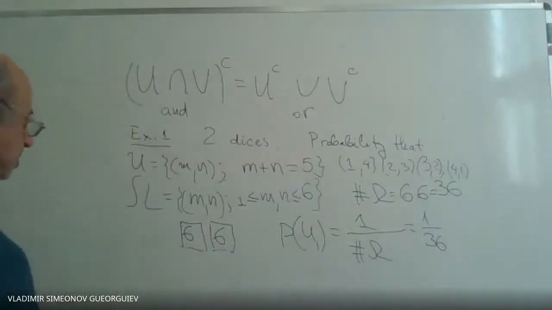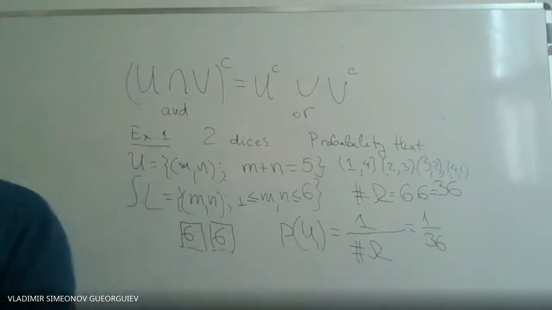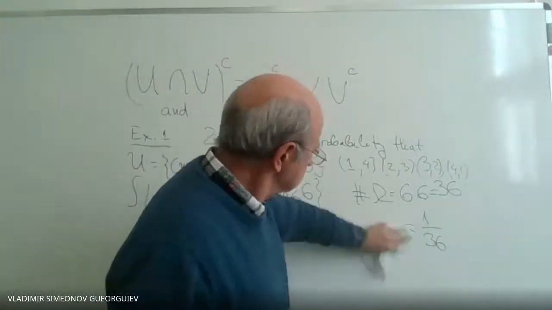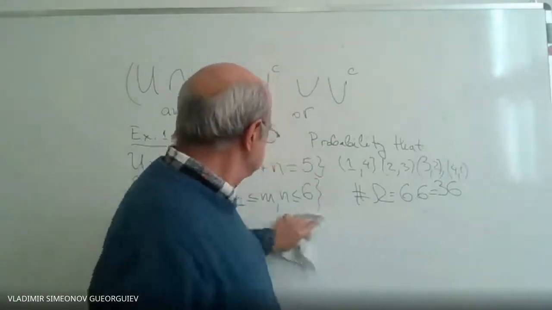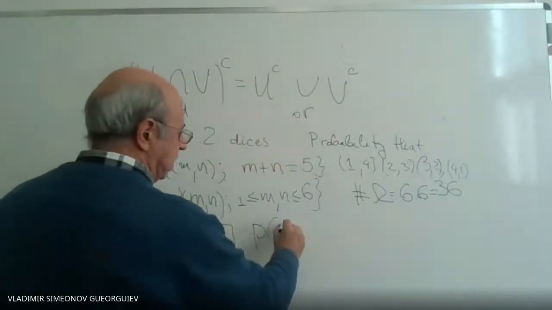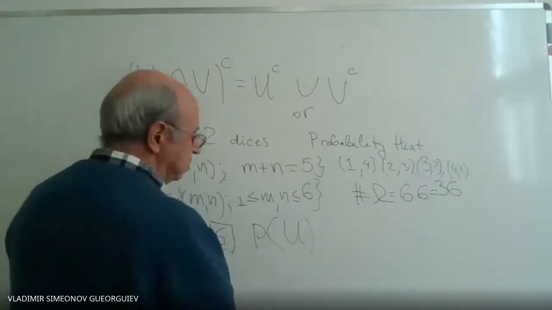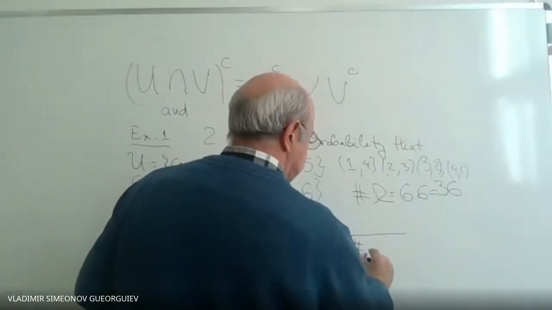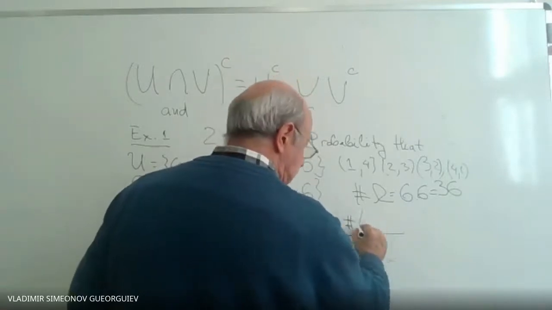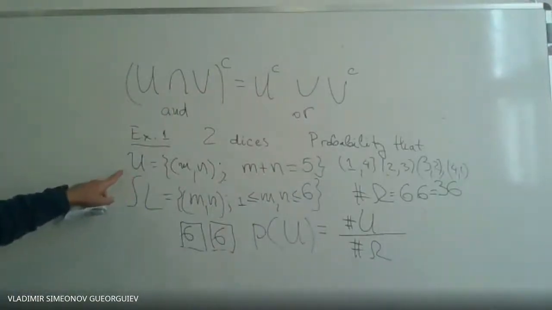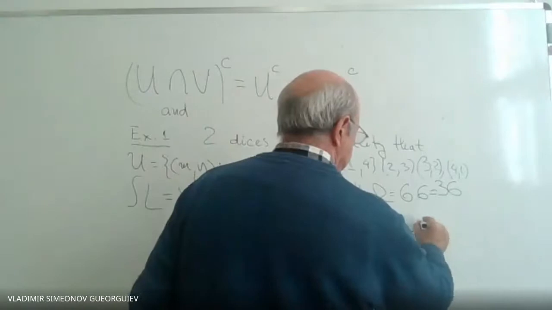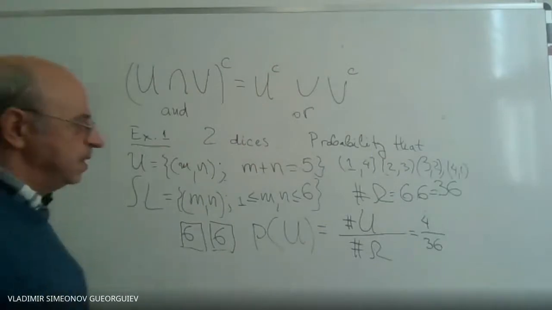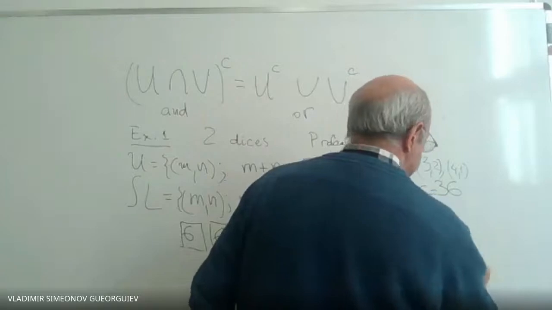And now we can compute the probability of U. Because we have equidistributed probability, this is our set omega, and here we count the set U. This set U has 4 elements divided by 36, and this is 1 over 9.